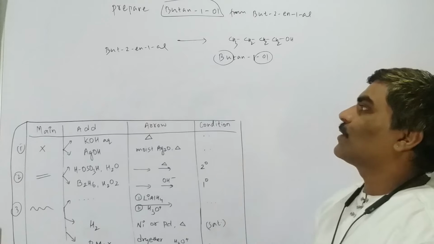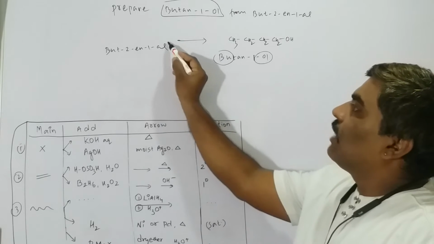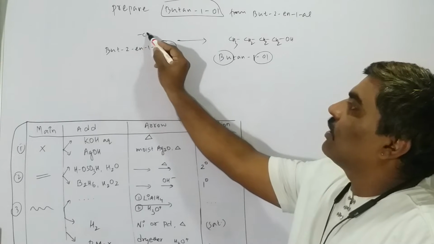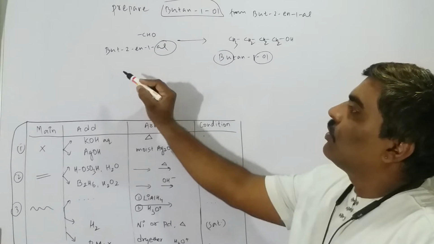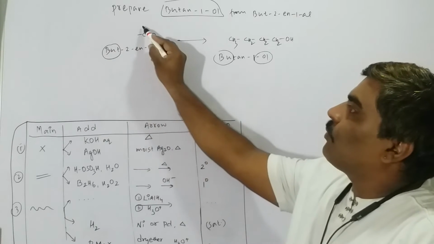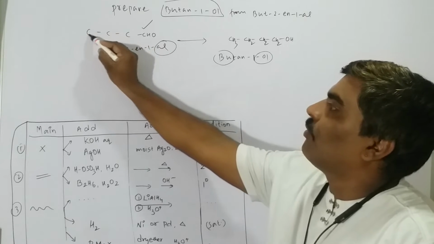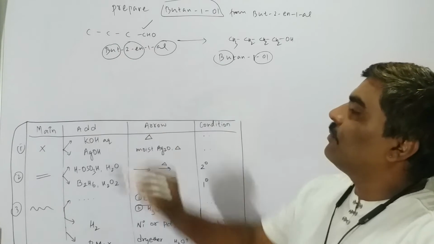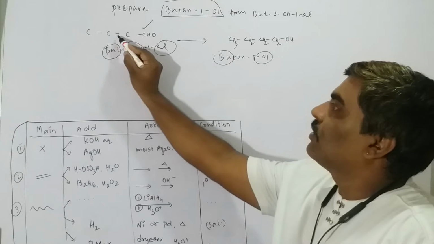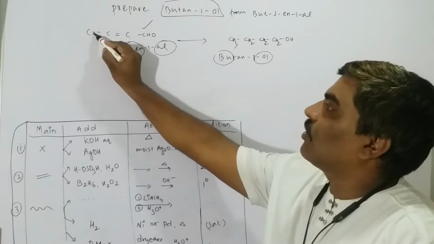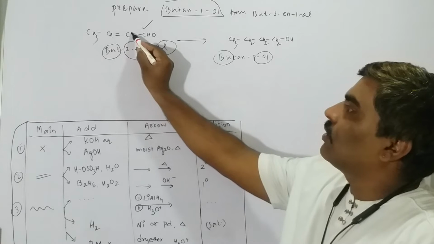How to write the structure? Al for aldehyde, which is CHO. But means 4 carbon is there, 1 carbon, 2, 3, 4. Second carbon, there is a double bond. So double bond here, rest all 3, 1, 1.